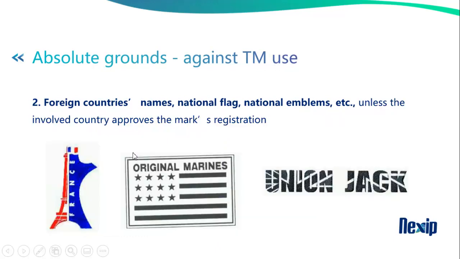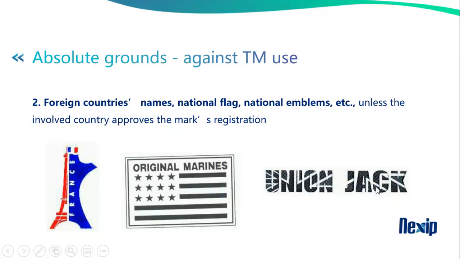Second, foreign countries' names, national flags, national emblems, and other related images and marks cannot be registered and used in China as trademarks unless the involved country approves the mark's registration. For instance, as you can see, this mark contains France, which is France's name, and this mark is quite similar to the national flag of the USA.